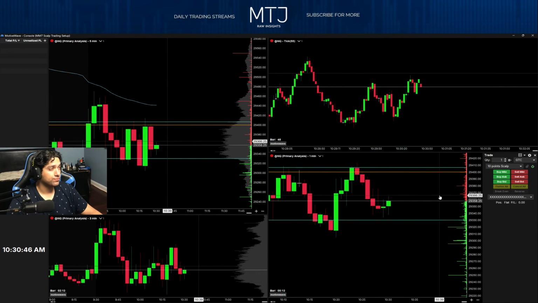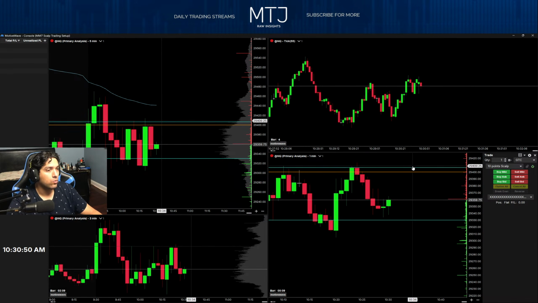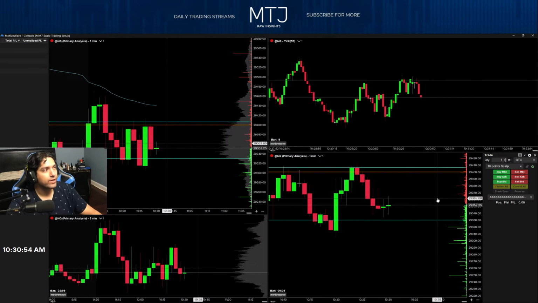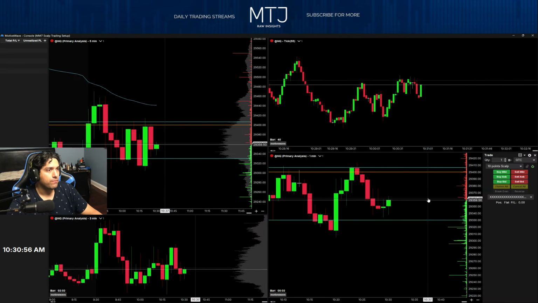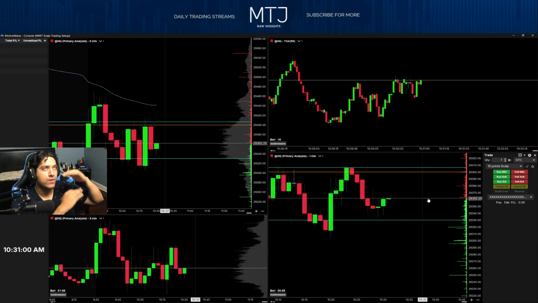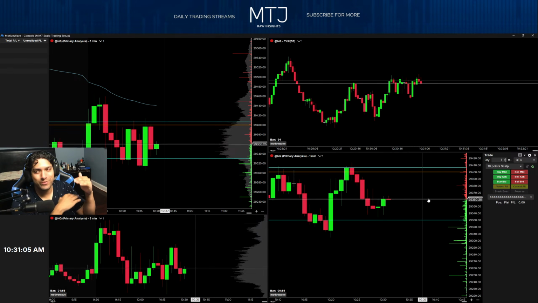Point of control literally just means where the most contracts have traded hands within the value area range. Value area low and value area high are the range containing 70% of all volume, where 70% of the volume has occurred.